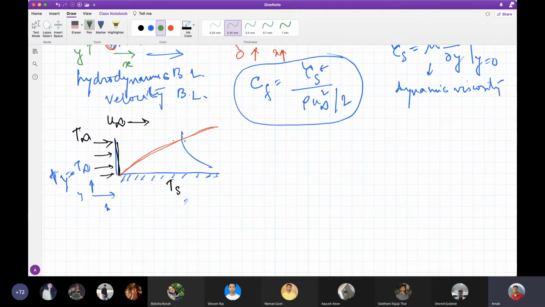So say there will be a temperature profile from T infinity to T surface.